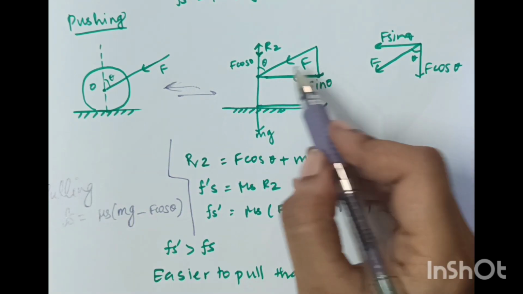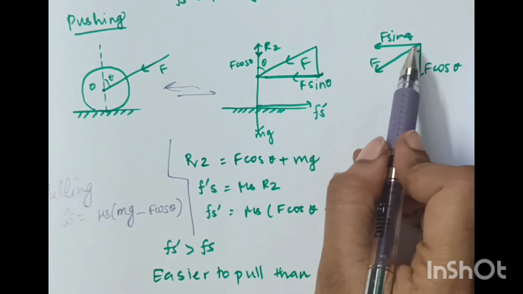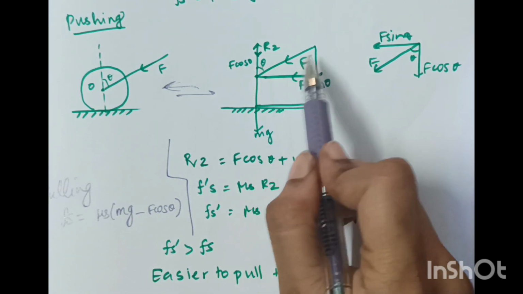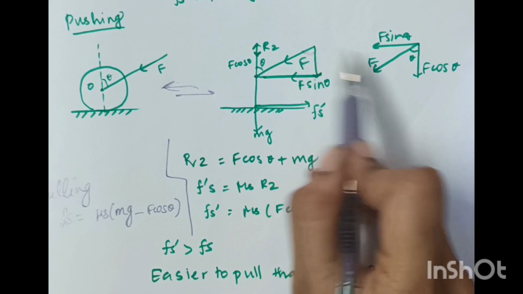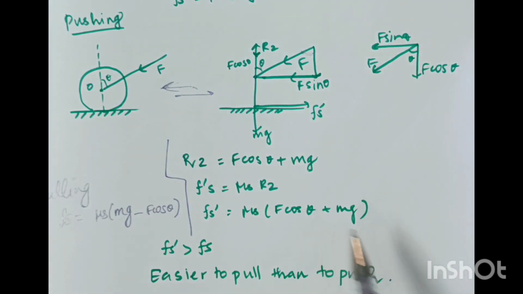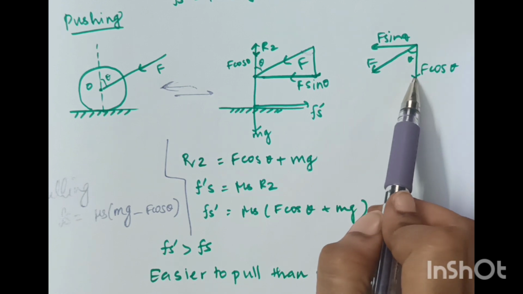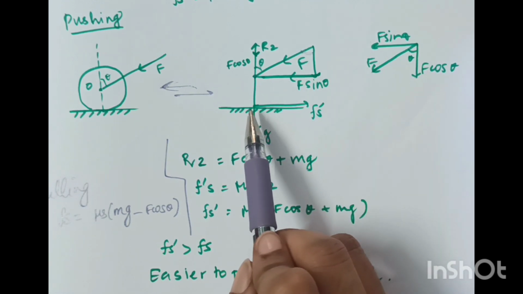Now how am I resolving F into components? You see this is F, and if this is theta, then this is the alternate angle, so this should also be theta. So I have made that also theta. Now this component is F cos theta, and this component is F sin theta.